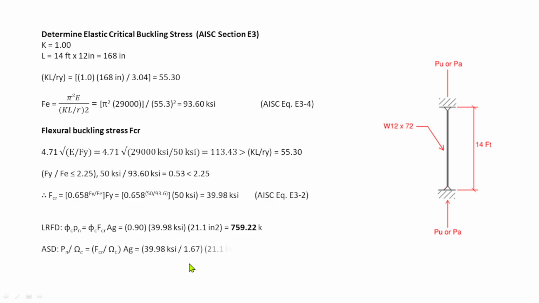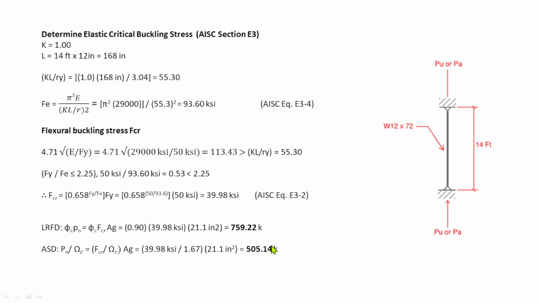For ASD, which is Pn over omega, 39.98 over 1.67 times the area of the steel would give us 505.14 kips. So this is the answer for A, to determine the design strength and allowable strength of the column using the equation in section E3 of the AISC manual.